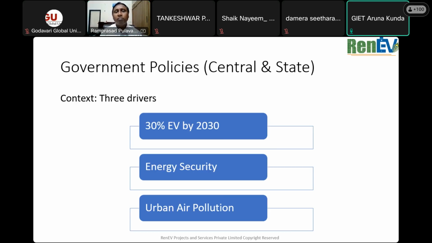So it depends from place to place. If you go to Norway, they don't allow any ICE engines to be purchased. It can be in the form of an incentive, or in the form of a disincentive, like we were talking about the cess. So there are incentives plus cess, meaning disincentives. It varies from country to country.